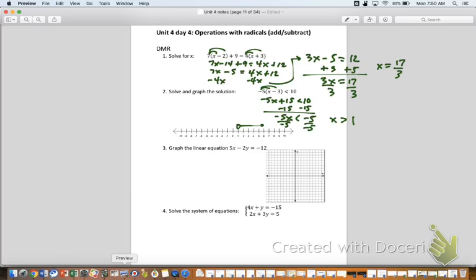Slope-intercept. So if I want to put this in slope-intercept form, what would be another way to think about getting to that form? What do I need to do? Subtract 5x. Okay. What's the goal? Why would I even care about subtracting 5x? Say again? Get y by itself. That's right. So I end up with negative 2y equals negative 12 minus 5x.